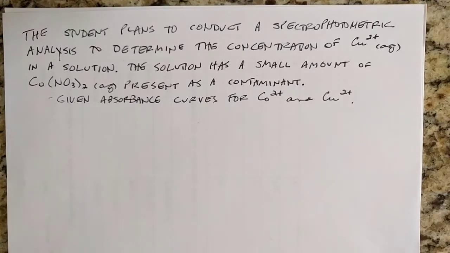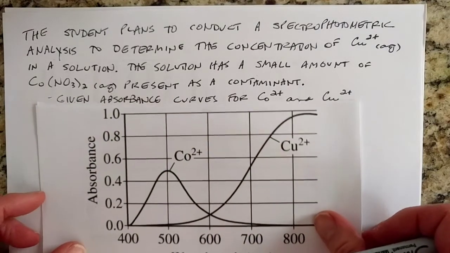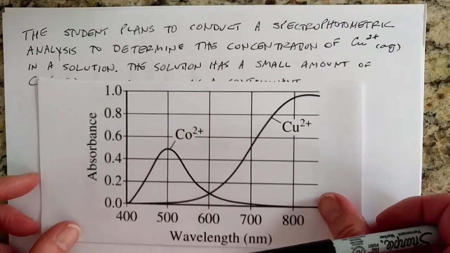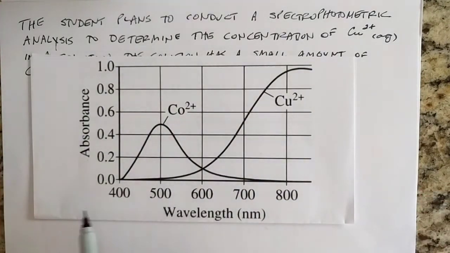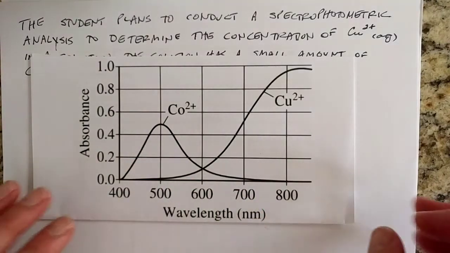Given the absorbance curves for Co2+ and Cu2+, this is what it looks like, what they have given us. So we have a plot of wavelength versus absorbance, and we have 2 curves.